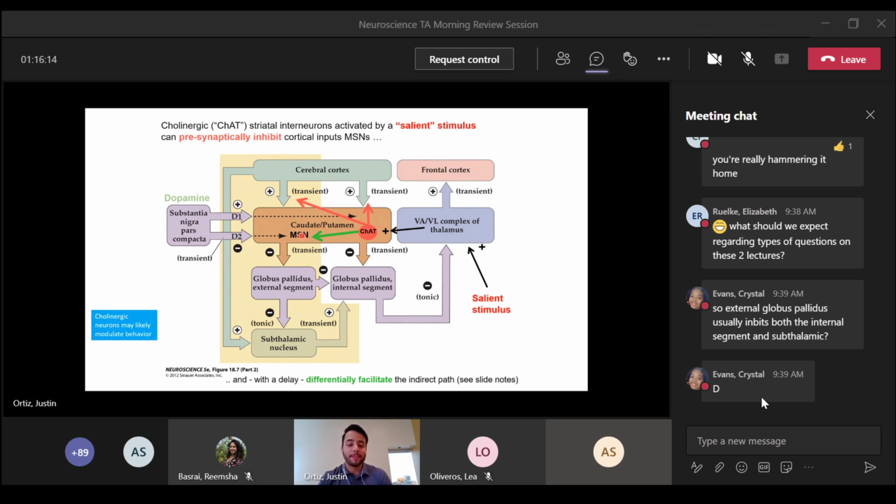So when M1 is activated, it's going to lead to activation of the D2 neurons. And what's interesting is that the D1 neurons don't have that M1 receptor. Only the D2 neurons have it. So it will only be able to activate the D2 MSNs. So now if the D2 MSNs are the only ones that are activated, we're going down the indirect pathway.